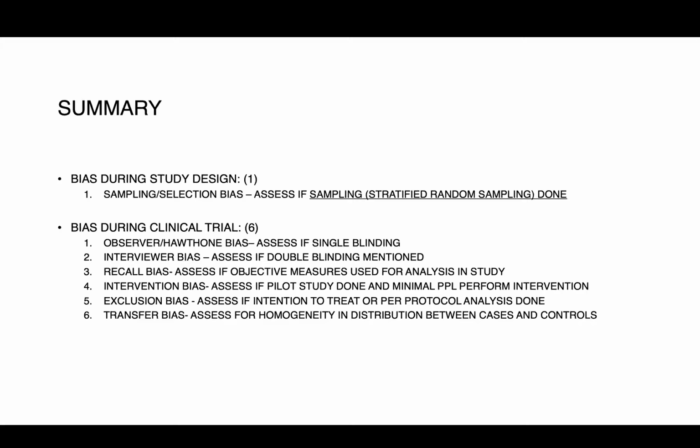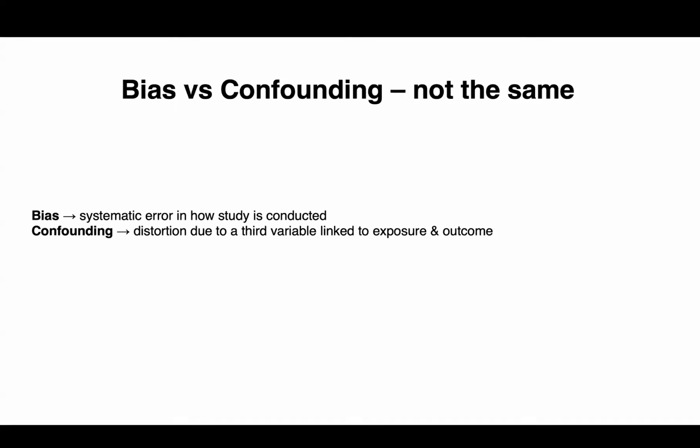Exclusion bias, assess if intention to treat or protocol analysis is done. If poor protocol analysis is done, there is an increased risk of this exclusion or attrition bias. And transfer bias, assess for homogeneity in distribution between the cases and controls. So these will be the total 7 things that you need to look into when you assess for bias.